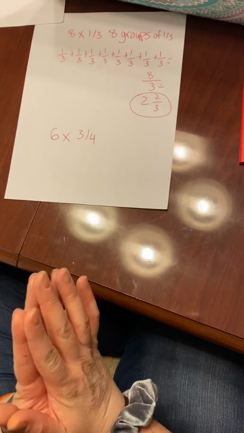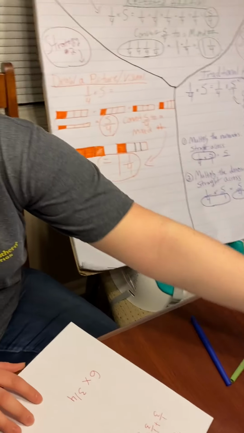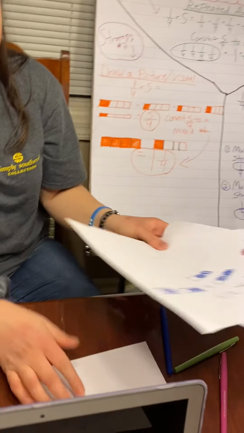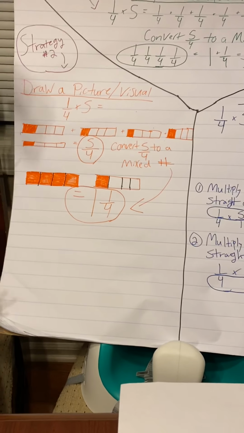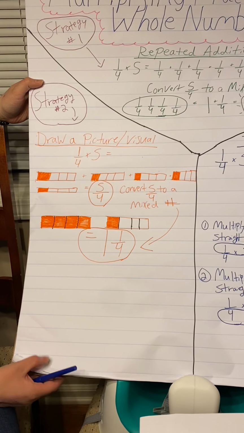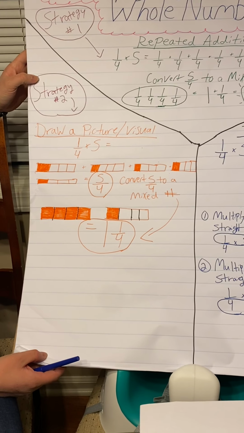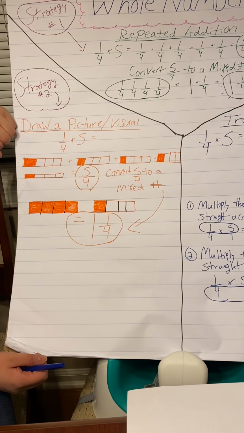Okay, so now we have the second part of our chart. Strategy 2 is drawing a picture or a visual aid to help you guys. The first one that I did was 1/4 times 5.